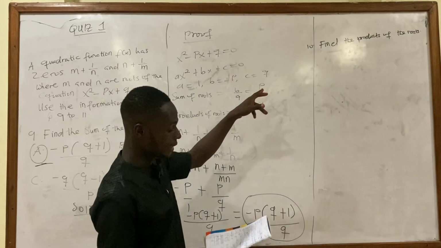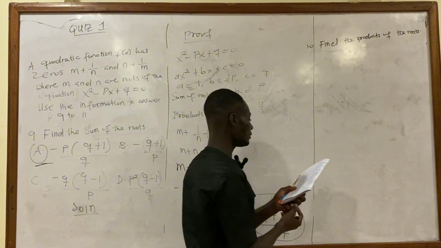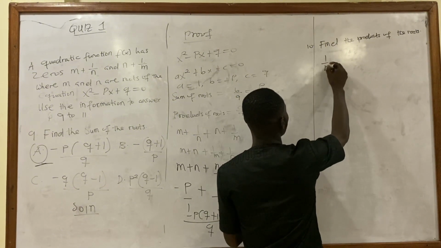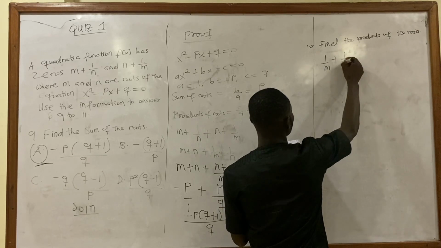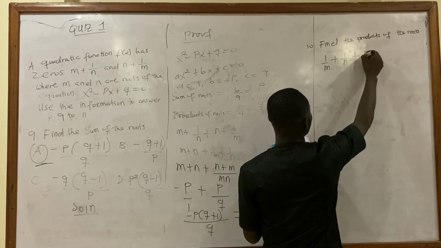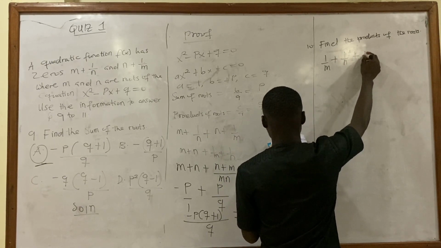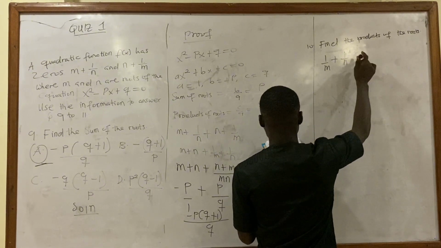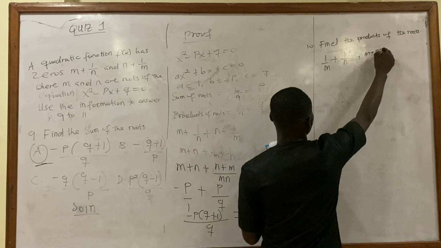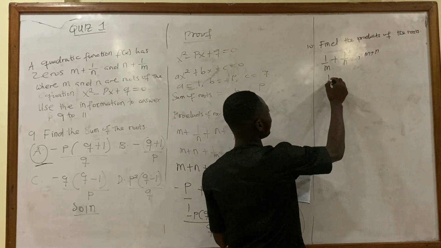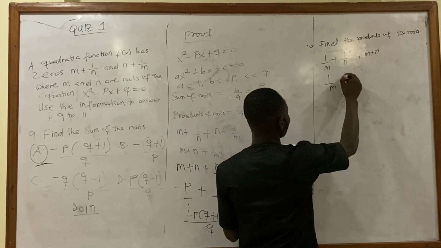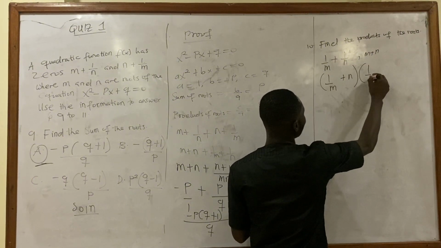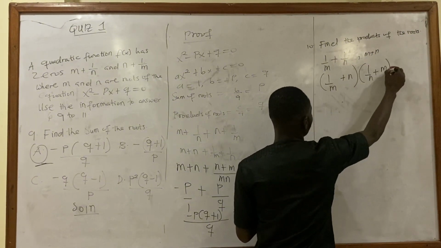We have the sum already as 1 over m plus 1 over n, comma, m plus n. So this we have 1 over m plus n multiplied by 1 over n plus m.